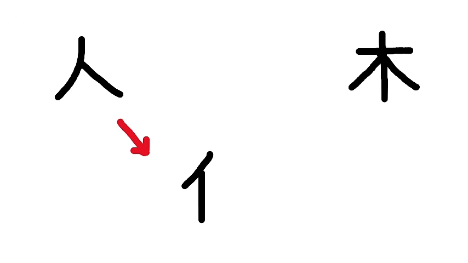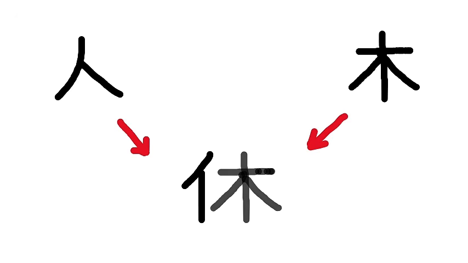This is 人, meaning person. It changes into a side component like this and becomes a radical to form new characters. Now we add 木, the character for tree, on the right side. We get 休. 休 means to rest.